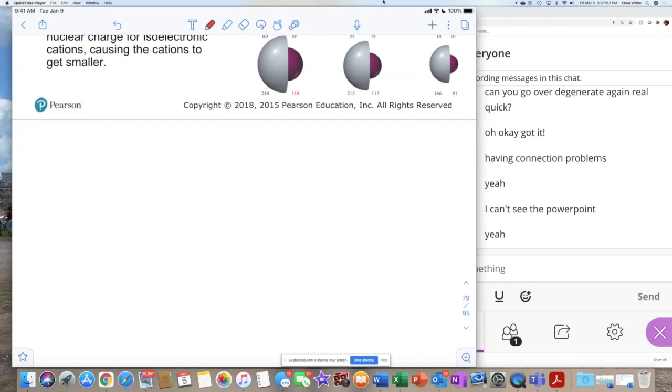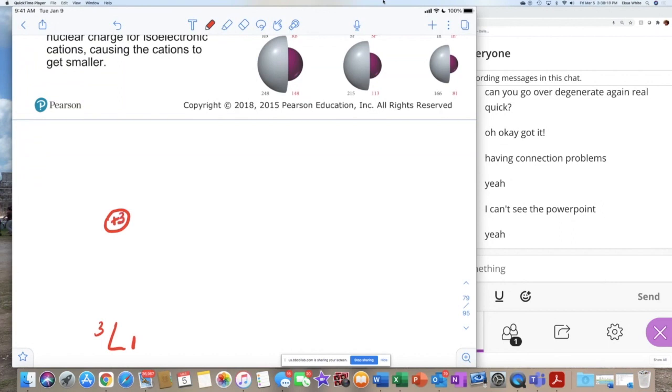In this case, let's look at something that's losing electrons. Lithium. Lithium loses one electron. So let me draw the lithium element here. Lithium on my periodic table is in energy level 2. So the lithium nucleus is here.